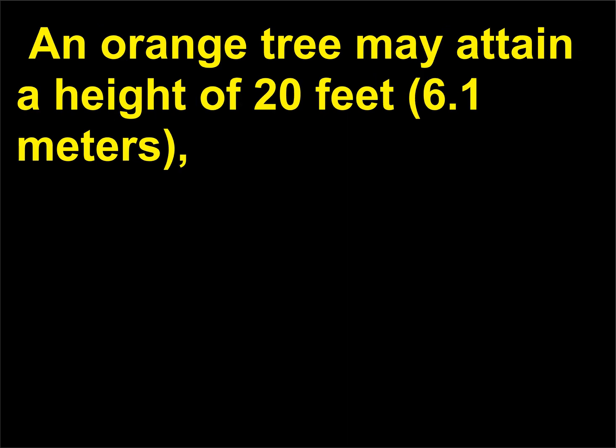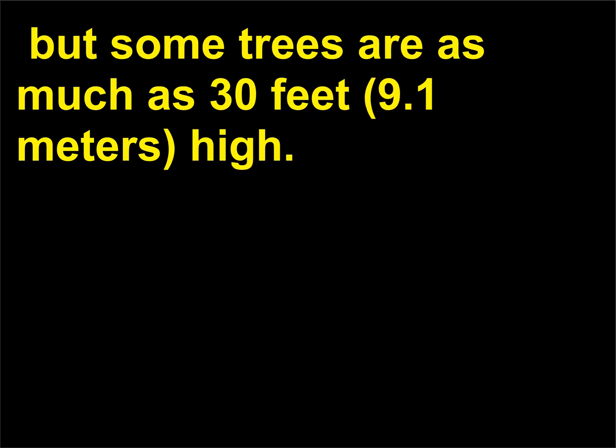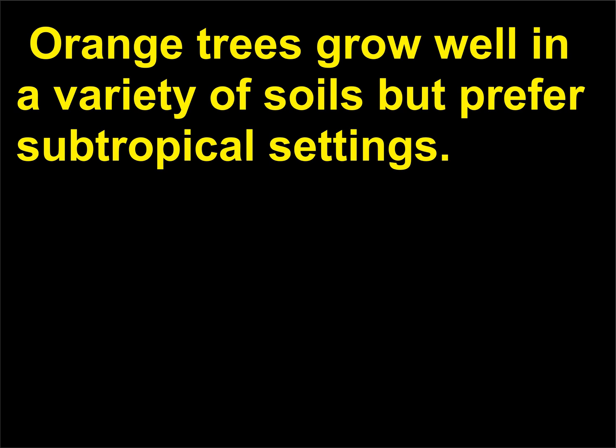An orange tree may attain a height of 20 feet, 6.1 meters, but some trees are as much as 30 feet, 9.1 meters, high. Orange trees grow well in a variety of soils but prefer subtropical settings.